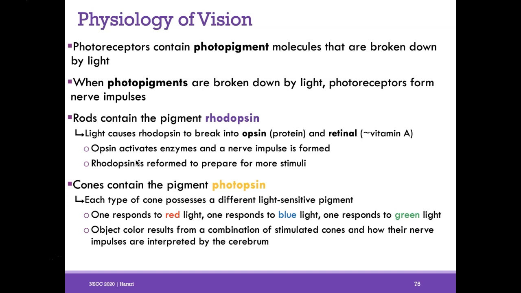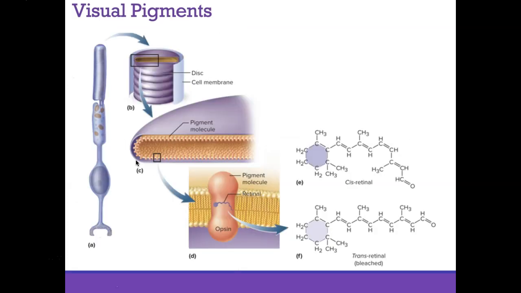How we perceive color is a result of the combination of the different kinds of cones and how the different nerve impulses are interpreted and integrated by the cerebrum. So here's an image of a rod, this is a photoreceptor. Within the outer portion, we have these little discs.